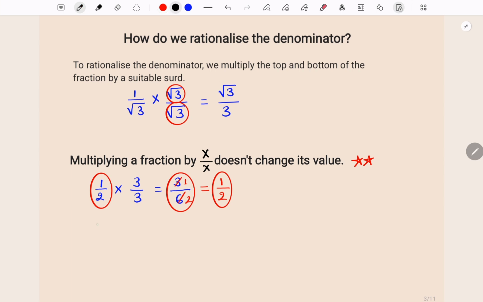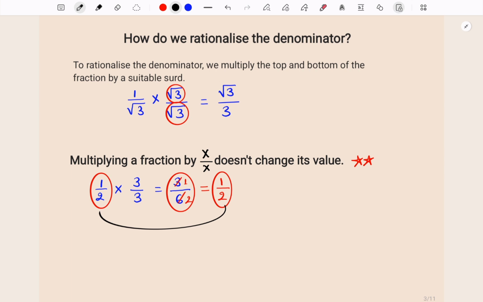So the fraction did not change. That is why whenever we have a fraction, we can multiply the top and the bottom with the same number, and it will not change the fraction at all.